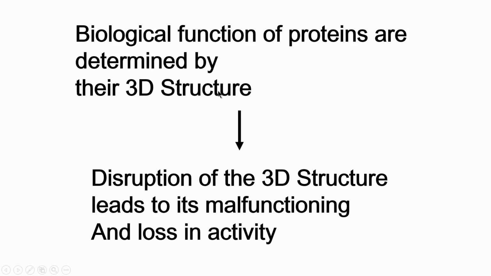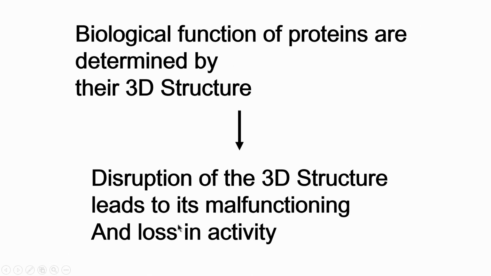So, for proteins which have a 3-dimensional structure, if I disrupt the 3D structure for some reason, for example mutagenesis, where an amino acid in a protein can get mutated to some other amino acid, or a range of amino acids can get mutated, or the protein may get denatured because of some acidic or alkaline conditions, in such cases the 3D structure is lost. When the 3D structure is lost, whatever function it was carrying out now cannot be carried out.